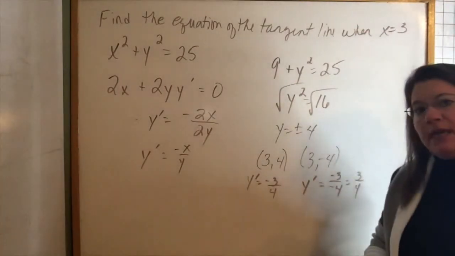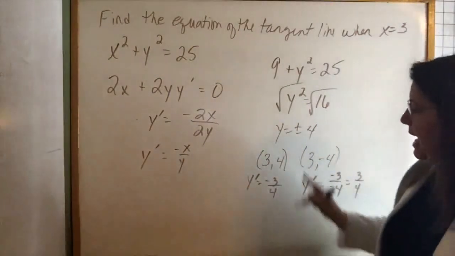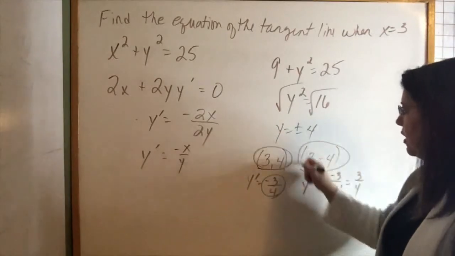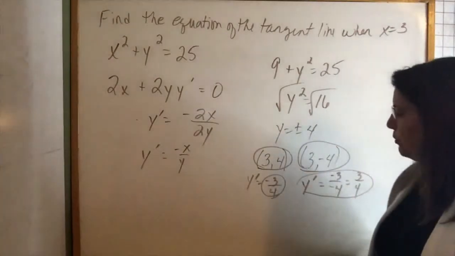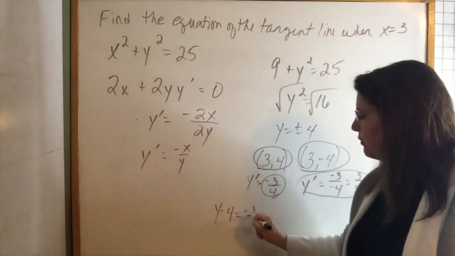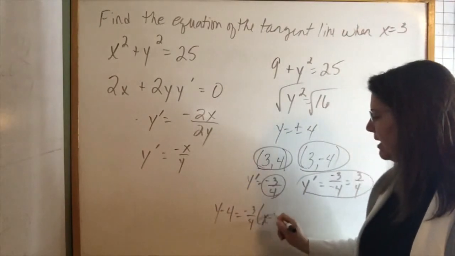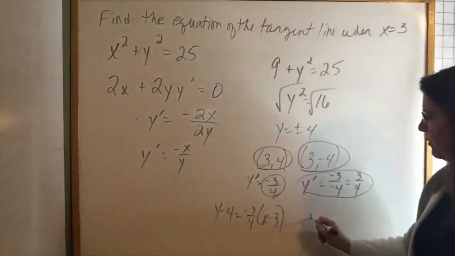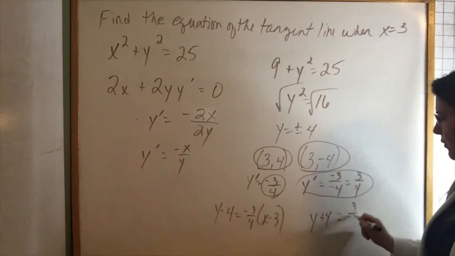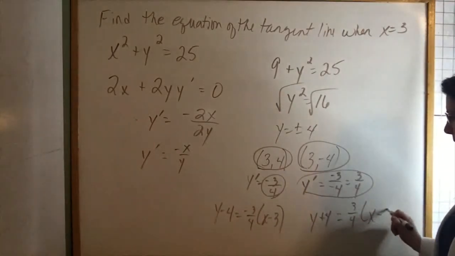And then to find the equation of those tangent lines, I have a point and I have a slope for each of those. So I can plug into point slope form. So y minus 4 is equal to negative 3/4 times x minus 3. And for this one, y plus 4 is equal to 3/4 times x minus 3.